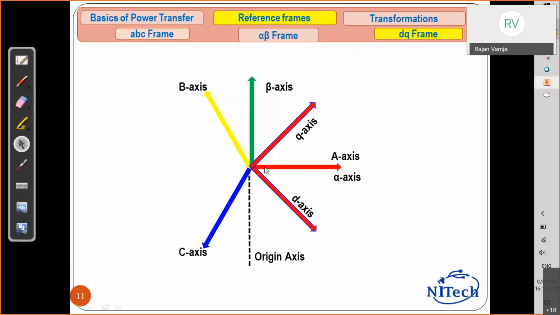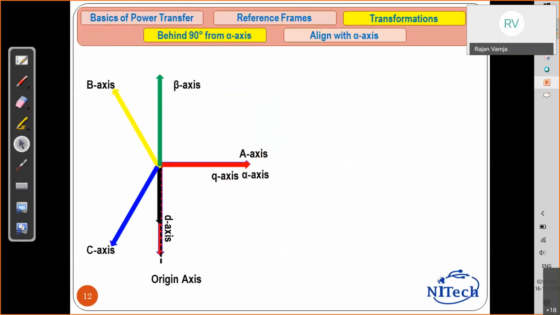How can we decide this? Very important. To track a space vector, by tracking that space vector, we need to keep our D axis over the space. Here you can say exactly our D axis and Q axis are rotating at the same speed of D axis.